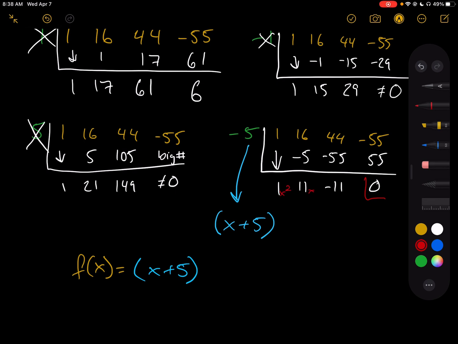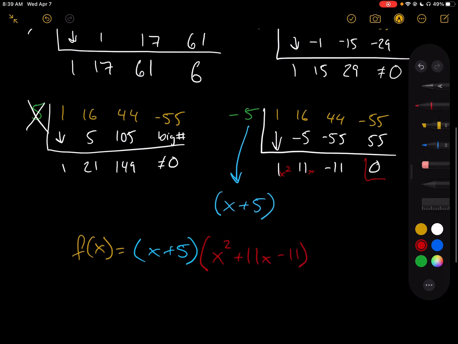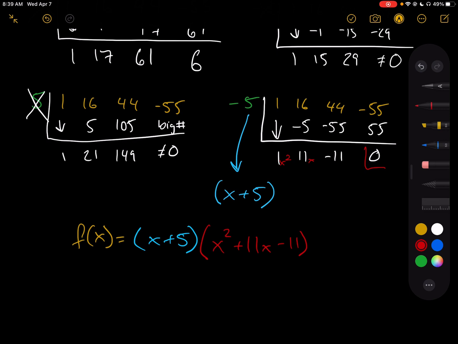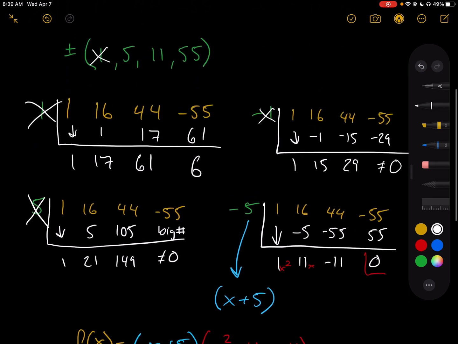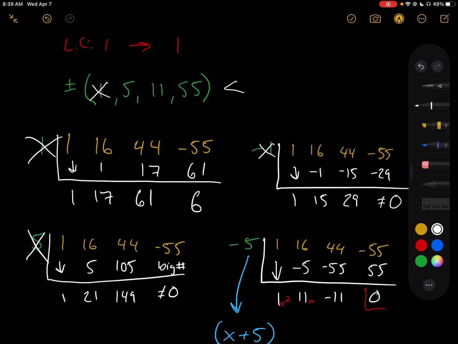That's still our remaining polynomial that we have, x squared plus 11x minus 11. Now, if we were factoring, and I didn't know how this would turn out, right? We would just take this remaining polynomial and we would continue to check numbers from our rational roots list right here and see what works.